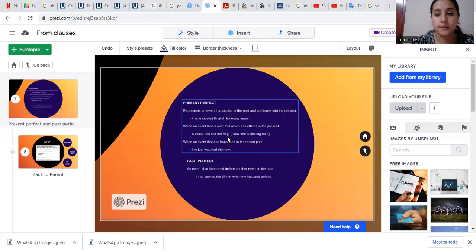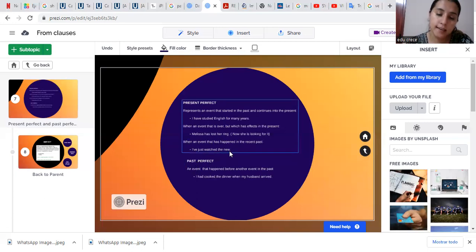This is the effect in the present, so in this case we use the present perfect. In the next case, an event that has happened in the recent past: I've just watched the news.